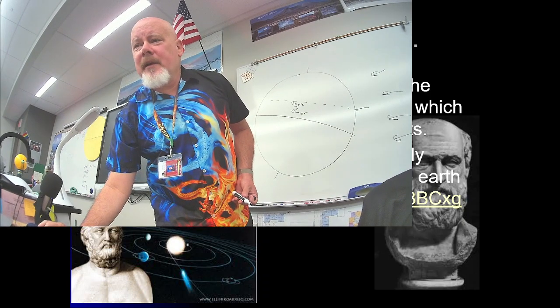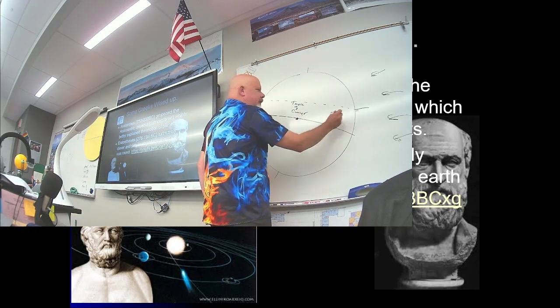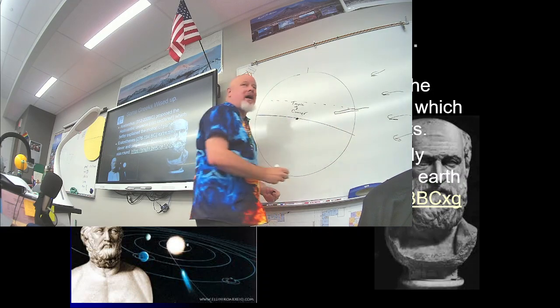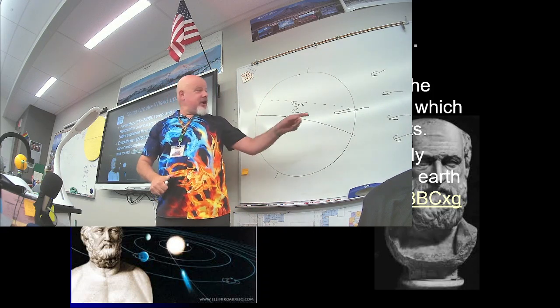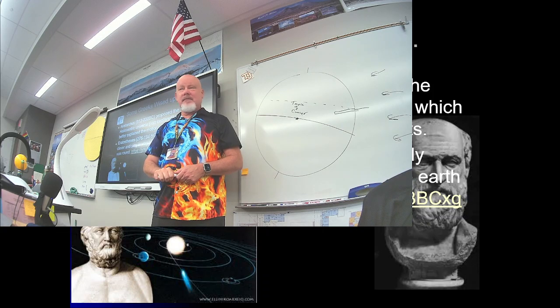So if you were building a well to the center of the Earth, your well, remember a well is where you get water out of, the sun would shine all the way down that well to the bottom. Does that make sense?